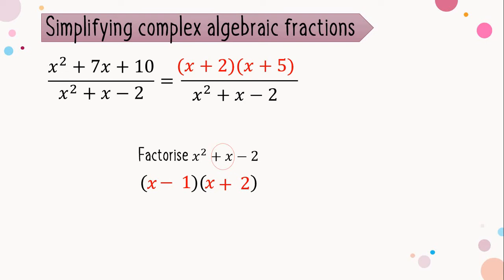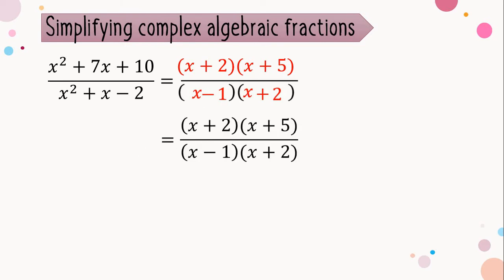And then we will write the factors into the fraction like this. Next, these are the factors of the quadratic expressions. Both numerator and denominator have been expressed as products, this one inside the bracket multiplied by the one inside the bracket.